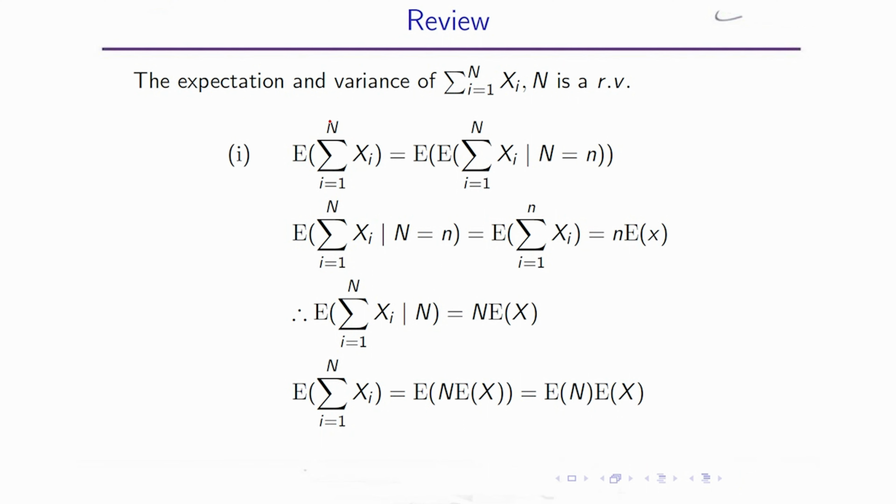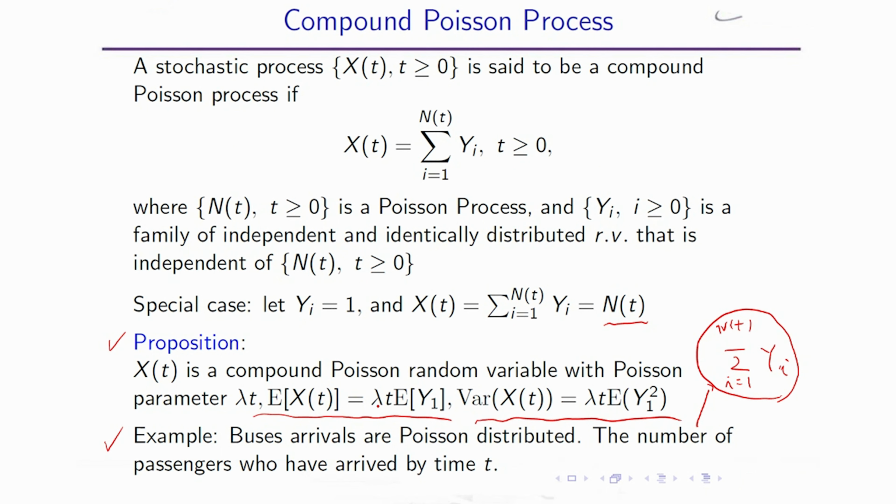The expectation of the summation of X_i, if N is a random variable, will be equal to the expectation of the expectation of the summation of X_i conditional on N equals n, then we take expectation with respect to N. Inside, the expectation of the summation of X_i will be n times the expectation of X. So we replace little n by capital N, and we can take expectation with respect to capital N. That would be the expectation of N times the expectation of X. So that explains why the expectation of N(t) would be lambda t, and the expectation of X would be the expectation of Y_1 here.